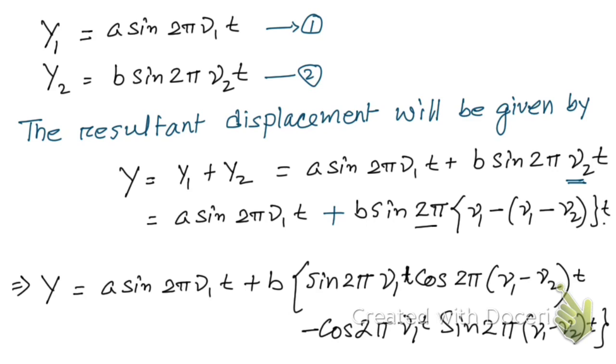Actually when we say sine a, 2 pi nu 1 into t will be sine a, and a minus b will be 2 pi nu 1 minus nu 2 into t. That should be considered as b, right? Hope you have understood this.